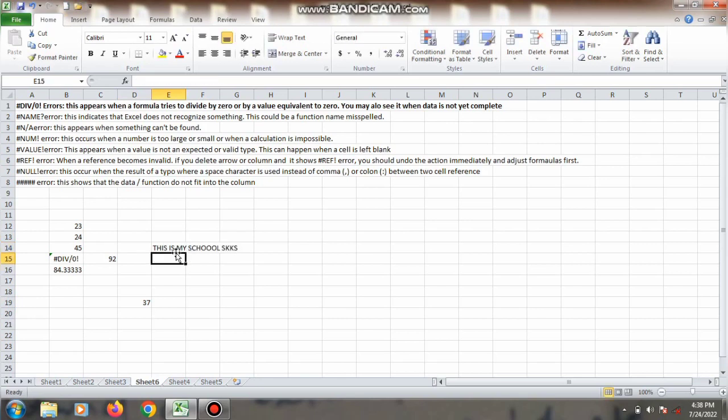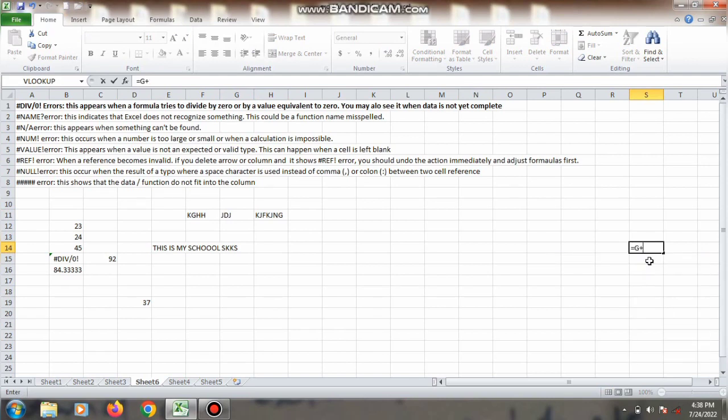Do you see? It's too long. It's supposed to be adjusted by widening the column.